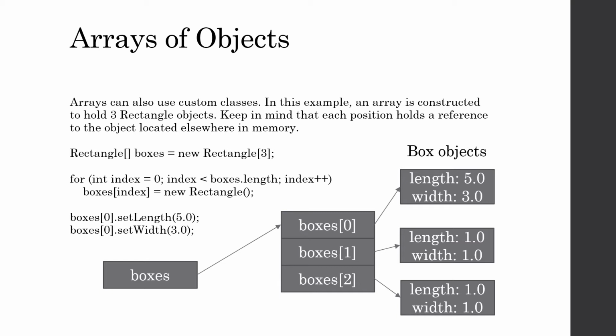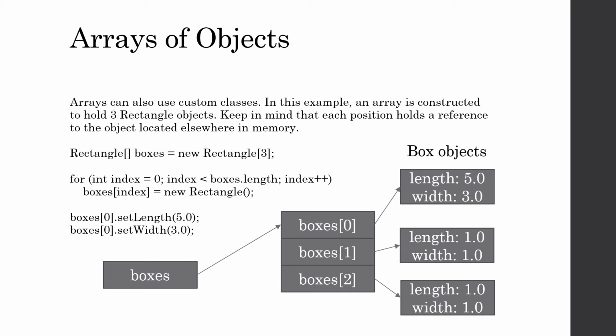So in this particular case, we are going to create this boxes array. We know that arrays are also treated as objects. They're a specialized class. So boxes will technically have a reference to the array object that's placed somewhere else in memory. So we've essentially got a pointer from boxes to the different items at positions 0, 1, and 2.